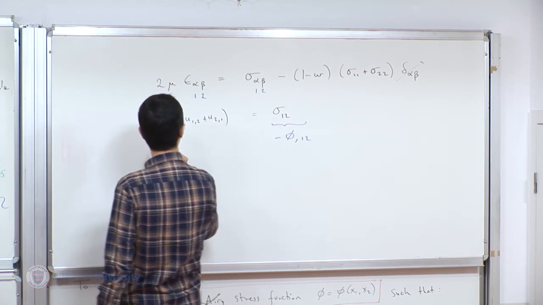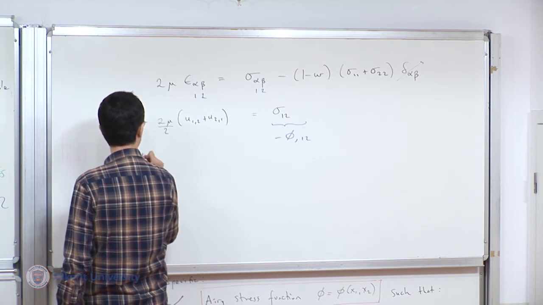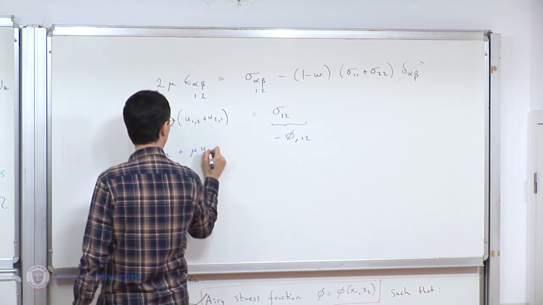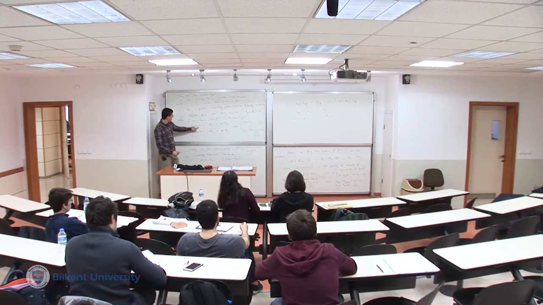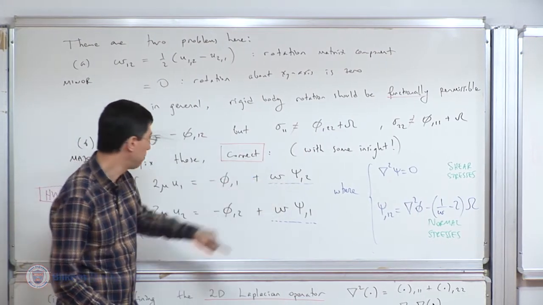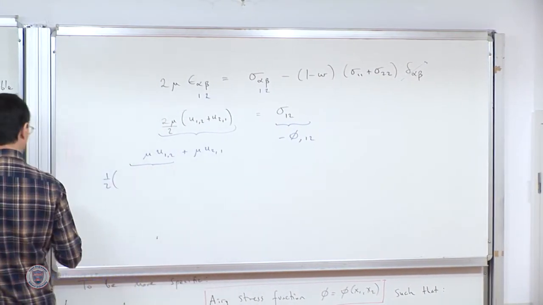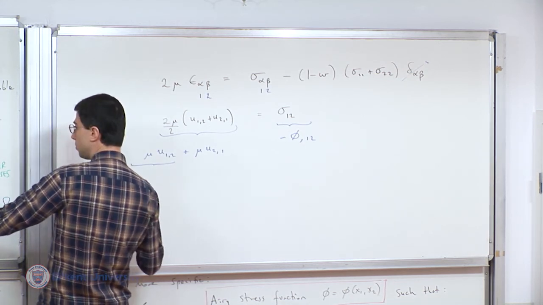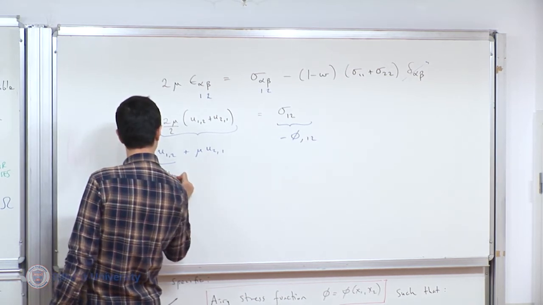On the left-hand side, on the other hand, I have U1, comma 2, or in fact, let's split this up. We have mu U1, comma 2 plus mu U2, comma 1. Mu U1, comma 2 is half of this derivative with respect to 2. So this is 1/2 derivative of that with respect to 2. So minus phi, comma 1, 2 plus omega psi, comma 2, 2.